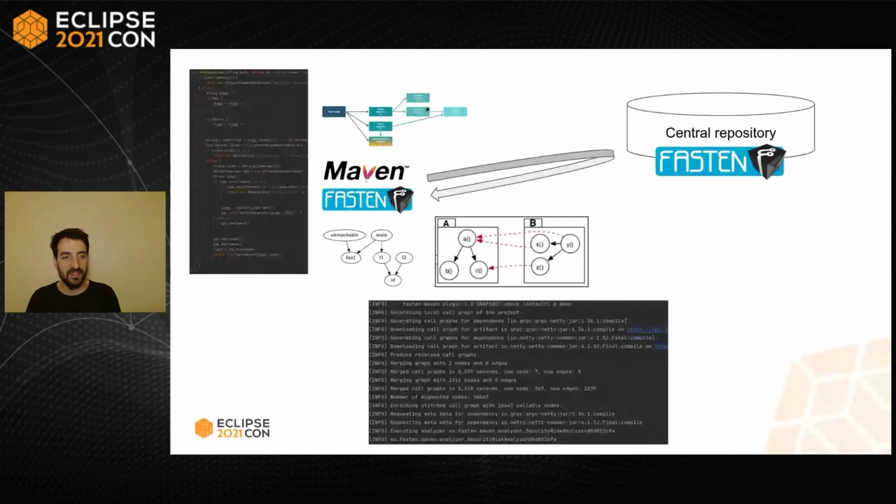So that's the introduction. I'm quite short on time here, so that was quite fast, but that's the introduction on how the Fasten project works and what it can deliver.